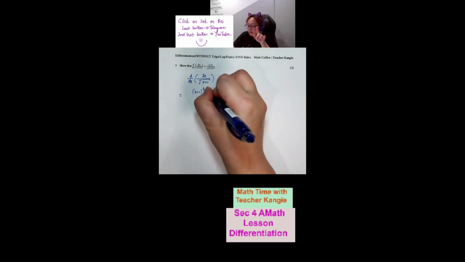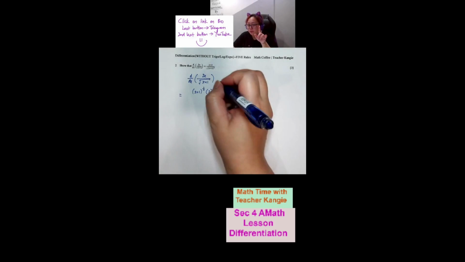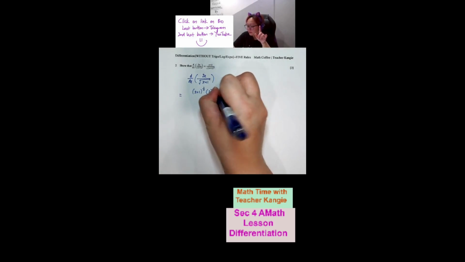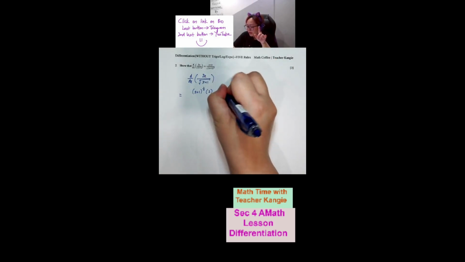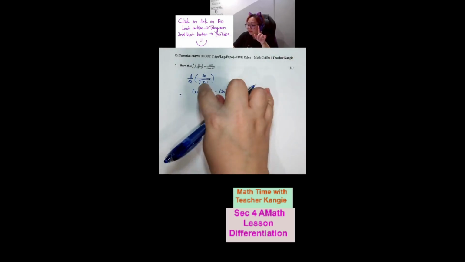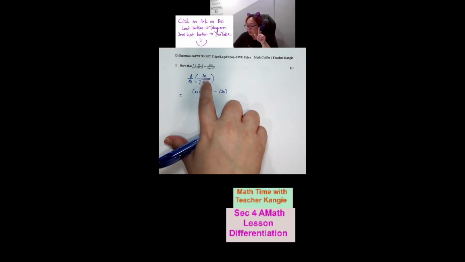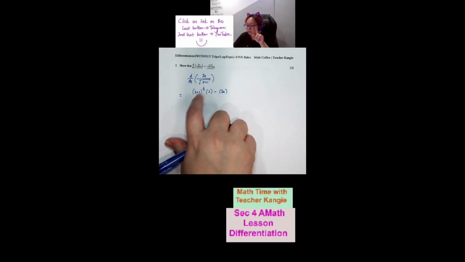Keep the bottom, differentiate the top, which is a 2. And we are supposed to subtract. Keep the top, which is 2x, differentiate the bottom. Because if I don't write it to the power of half, it's difficult for me to visualize that I want to apply the chain rule.